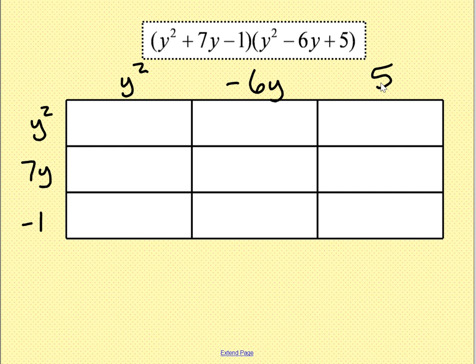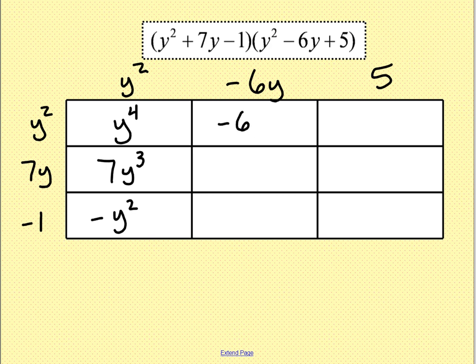Y squared times y squared is y to the 4th. Y squared times 7y is 7y to the 3rd. Y squared times negative 1 is just negative 1y squared, or negative y squared. Negative 6y times y squared is going to be negative 6y cubed.